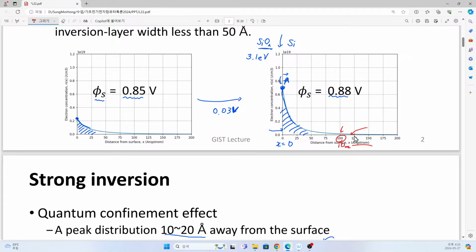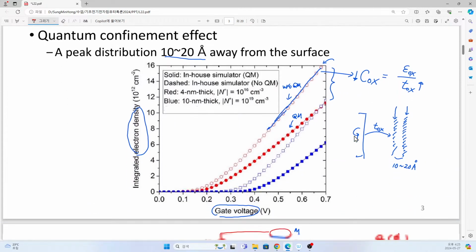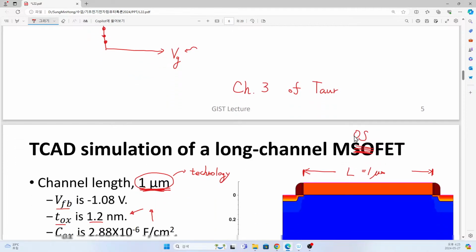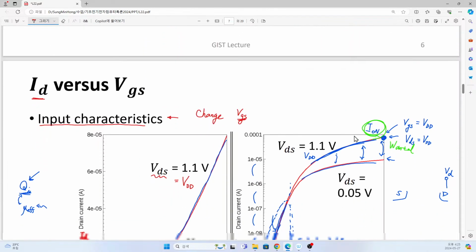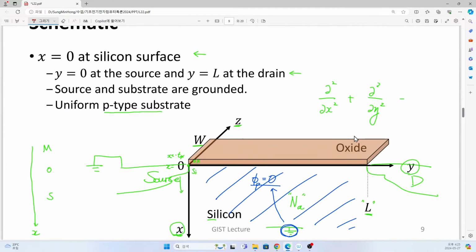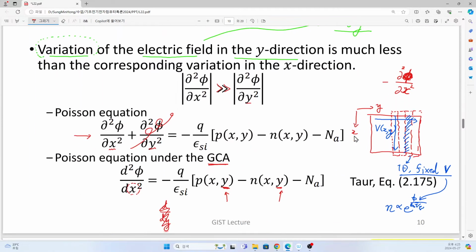So whether we set xi equal to 10, 15, or 20 nanometer doesn't make a big difference for our integration. Therefore, we can safely say xi is sufficiently long.